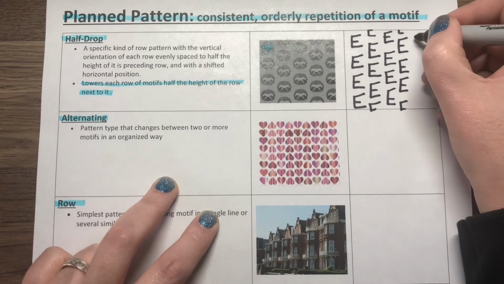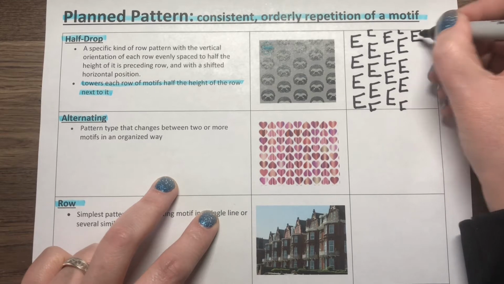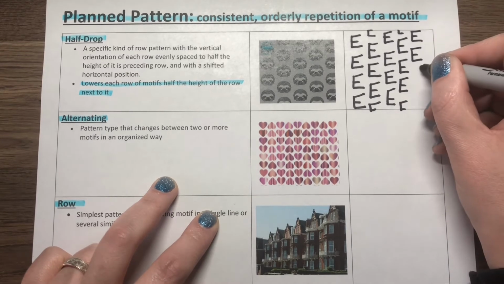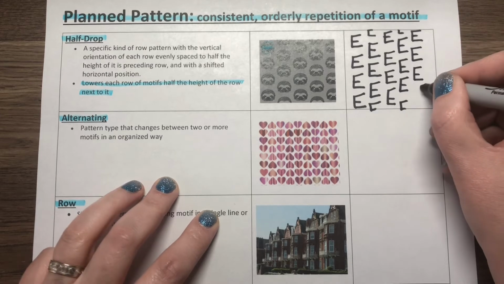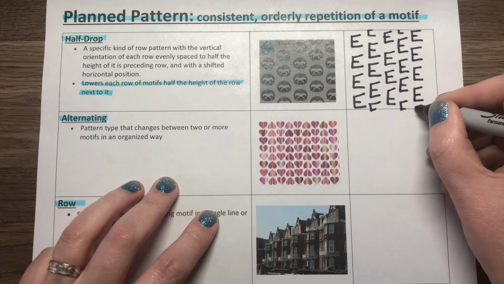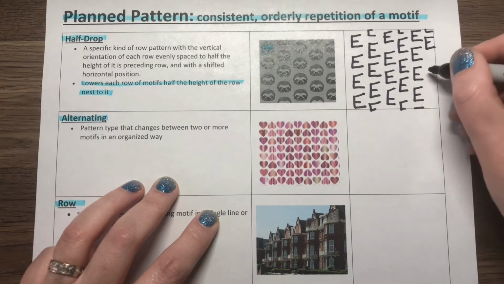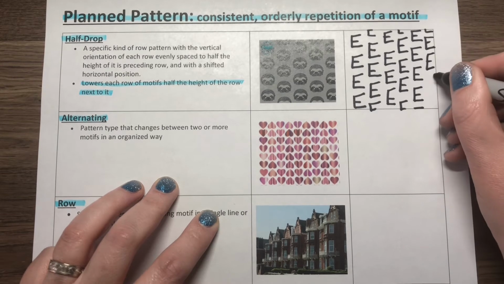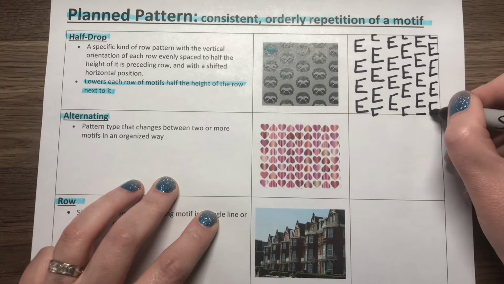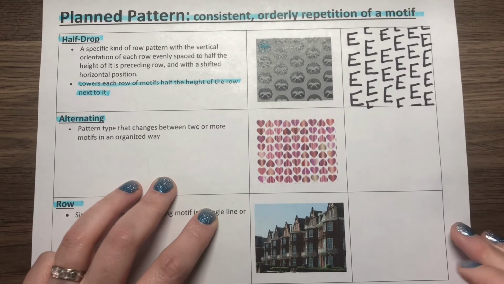So go ahead and finish out your half drop. You can choose to do a letter from your name. You could do a little picture. You can do half drops with any motif you like. But do remember to come up with your own version of a half drop.